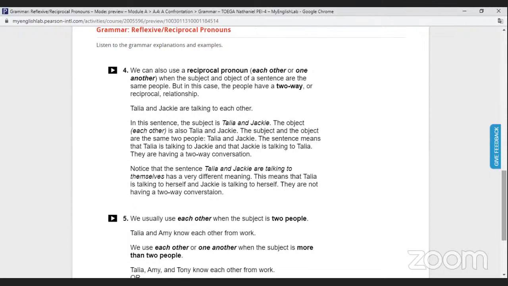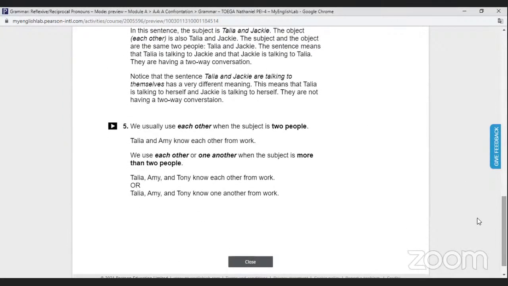So I think this part is clear, right? When you are using, for example, those phrases, each other, one another. Excellent. Number five: we usually use each other when the subject is two people. Please read.